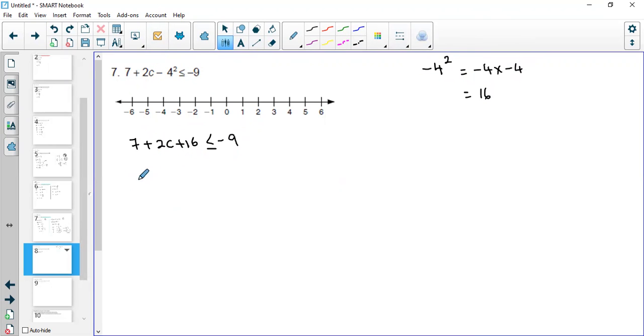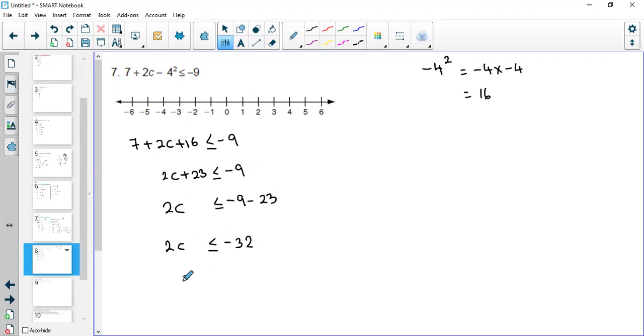Now you will do the same thing. Here we have two numbers, so we can simplify that side first. So 7 plus 16 is going to give us 23, is less than or equal to -9. Now the same thing: 2c is less than or equal to -9 minus 23. So 2c is going to be less than or equal to -32.